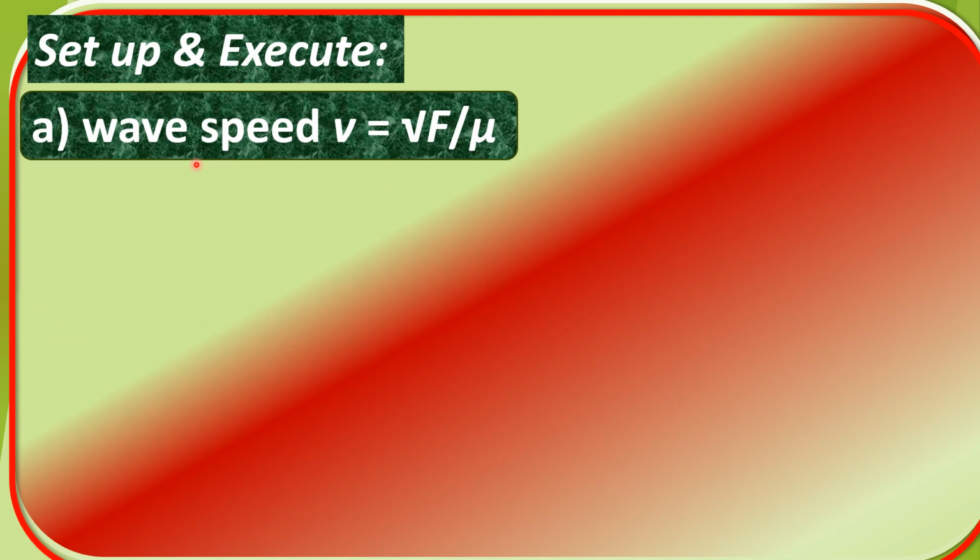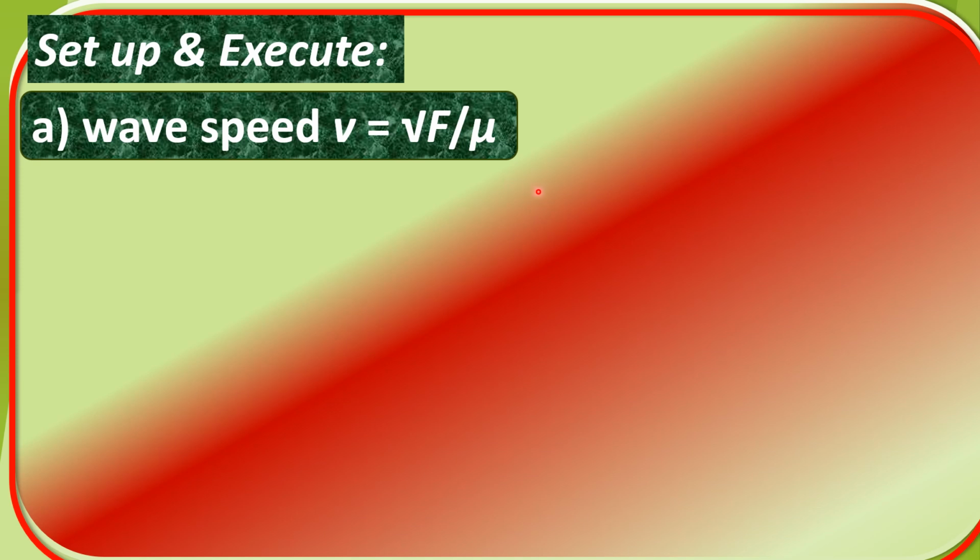Solving for the speed of the wave v, we use the formula wave speed v equals square root of the tension force F over the linear mass density denoted by mu.